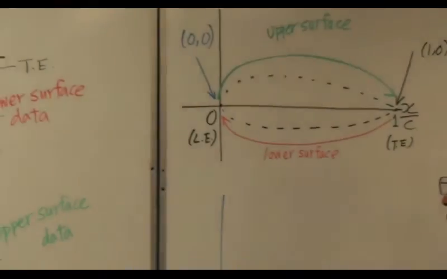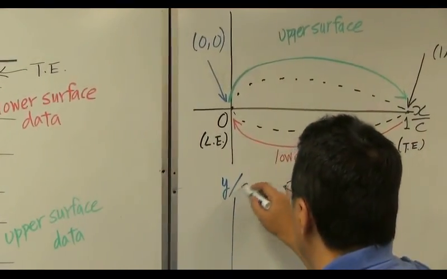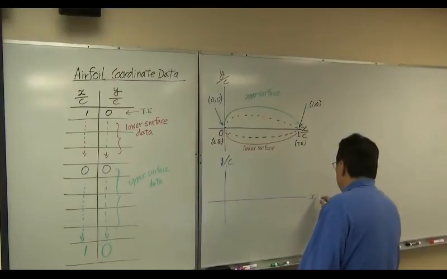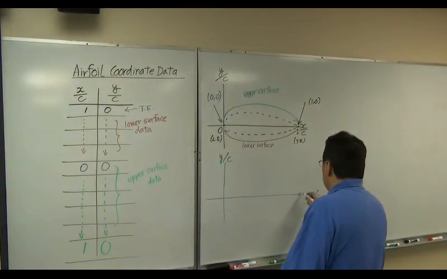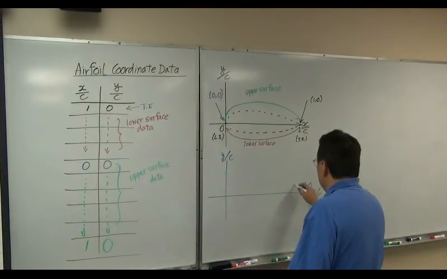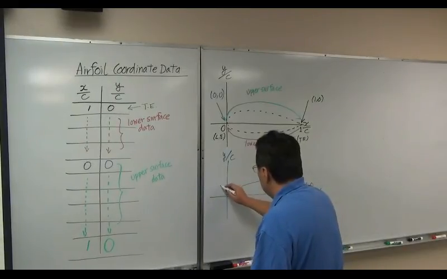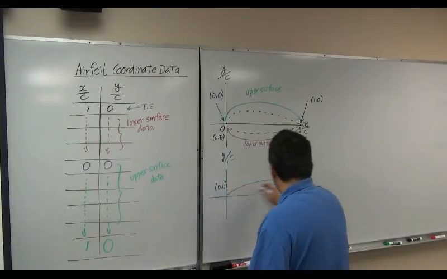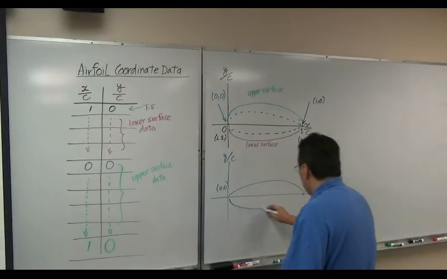Let's come here. So the data set I incorporated here starts from here, goes upper surface, and then goes lower surface.